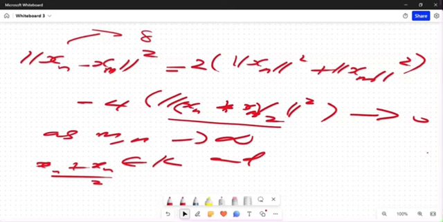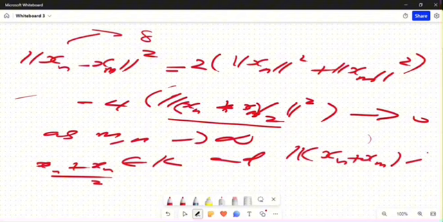Okay, that's fine now. So you have that the norm of (xn + xm)/2 is greater than or equal to delta, because each of them is going to delta.